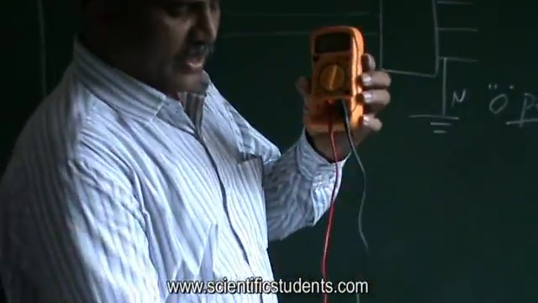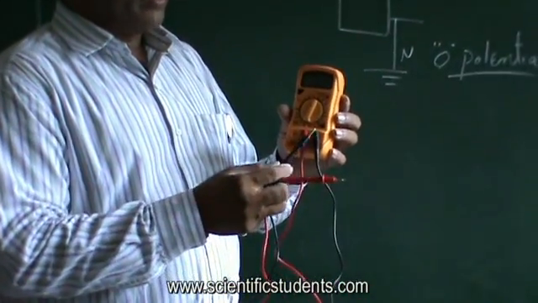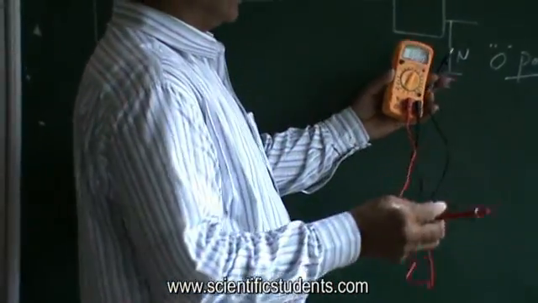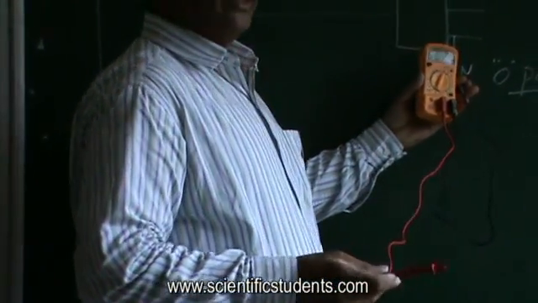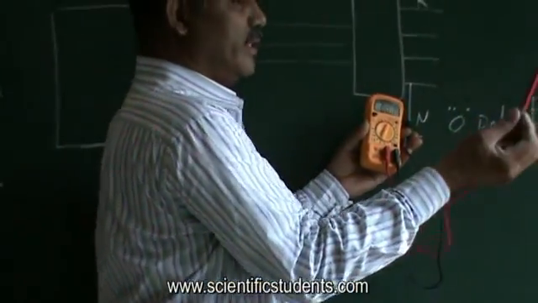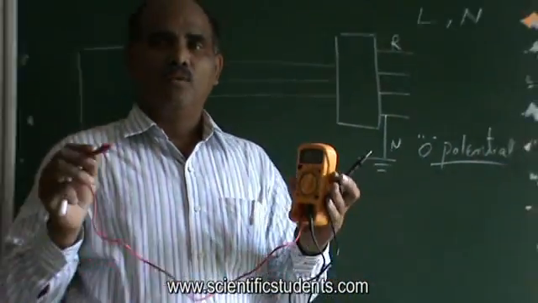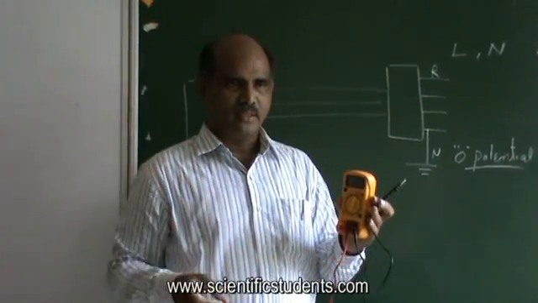Okay, my dear friends. Now there are two probes. One is called the common one, which I am talking about for the neutral. You keep this black one on the neutral, and then you take the positive, the phase one, to any of the phases to check what voltage is on what phase.